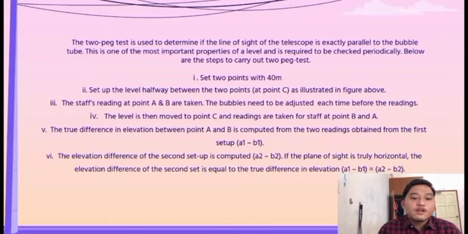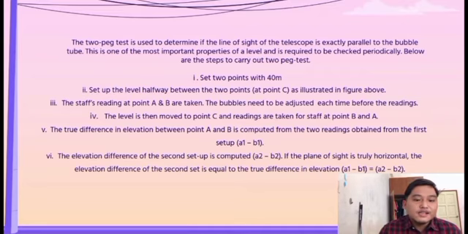Number 4, the level is then moved to point D and readings are taken to the staff at points B and A. Number 5, the true difference in elevation between points A and B is computed from the two readings obtained from the first setup, A1 to B1.